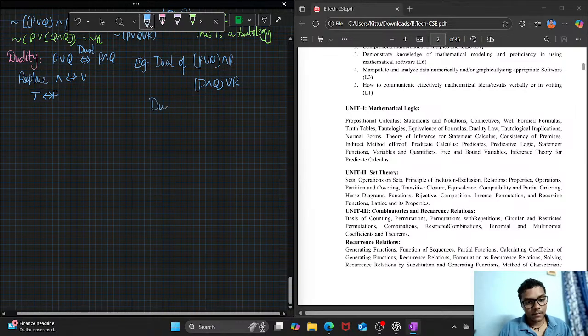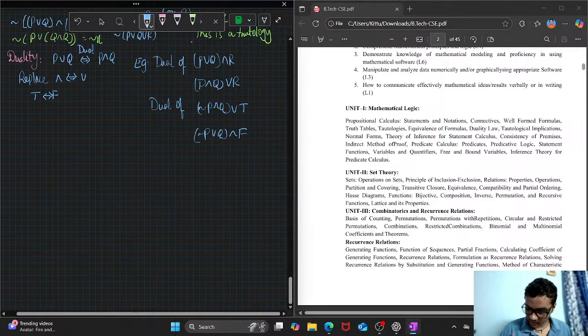And the dual of negation of P and Q or T: if you look at this, the negation won't change, by the way. The and becomes or, the or becomes and, and T becomes F. That's it. And that's how you do the duals of statements. That's mostly about it.